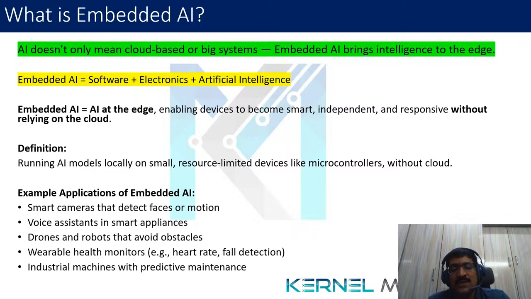The meaning of edge AI is the end device in AI, communicating with the embedded device. We can also say embedded AI is equivalent to software plus electronics plus artificial intelligence. Traditional AI is one part, plus electronics and software. All this combination we can technically call embedded AI.